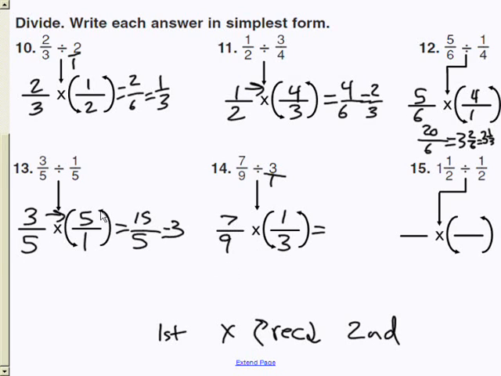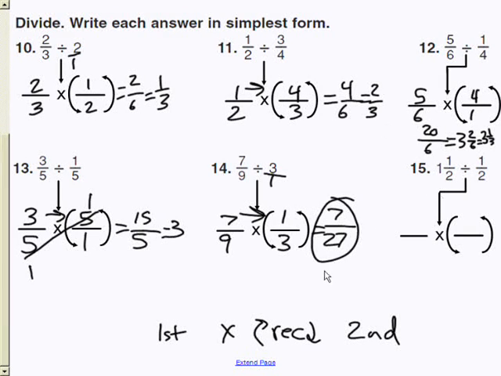I forgot to look for that in the last one, so watch out for that. There I could have done divide by 5 was 1, divide by 5 was 1, and that would have saved me a little bit of simplifying. But anyways, I can't cross simplify for this one. 7 times 1 is 7, 9 times 3 is 27, and this is in simplest form.